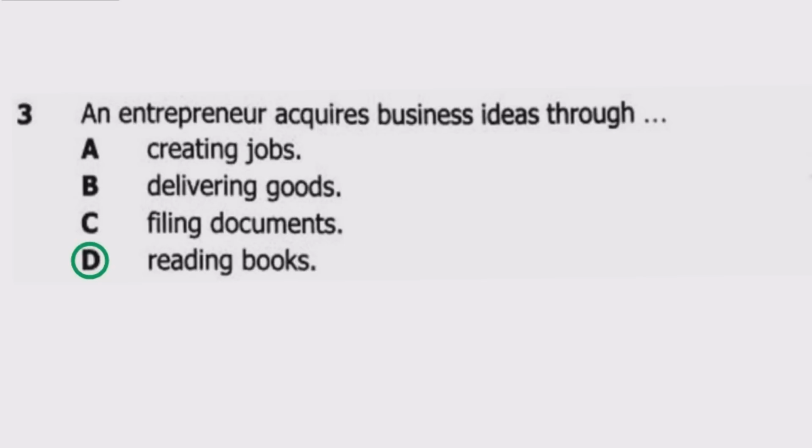Creating jobs happens once the entrepreneur is established. Delivering goods is the actual doing of entrepreneurship, which means they have already started, not looking for an idea. C, filling documents, no. The correct answer is D, reading books.